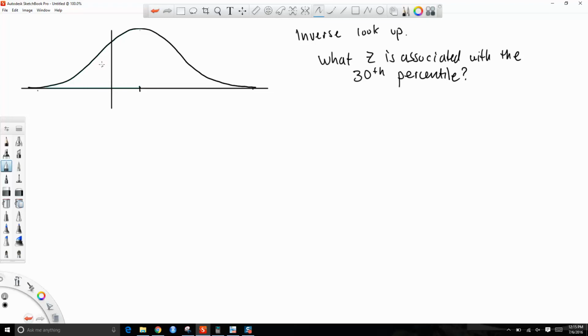So in this case, I'm over here, and I want to know what z here gives me this area to be 30%, or closest to 0.3000. Can you tell me what is the z that gives an area closest to 30%?